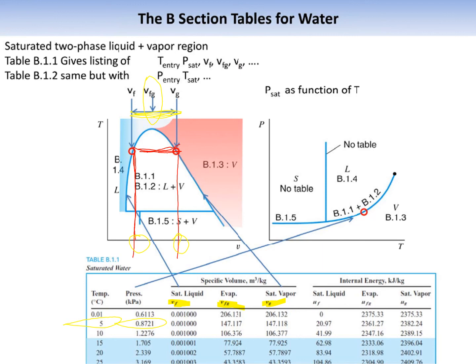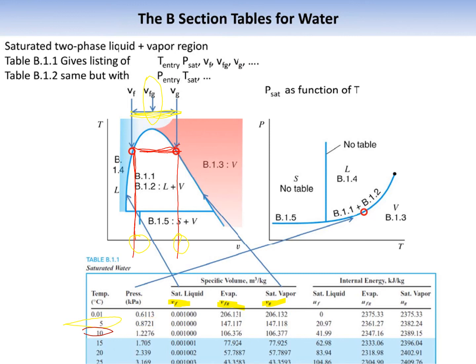there will be no boiling at 5 degrees centigrade. For instance, if we look down over here, if the pressure increases, then the boiling temperature increases. So if we have 5 degrees centigrade and we have 1 kilopascal, then there will be no boiling occurring, since the pressure of 1 kilopascal is greater than 0.8721 kilopascal. So the saturation or boiling temperature will be higher, so it will not boil at 5 degrees centigrade.